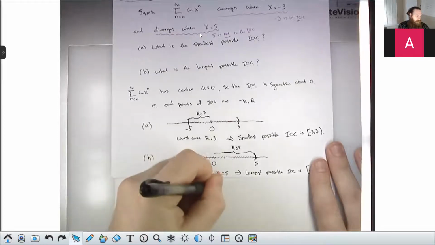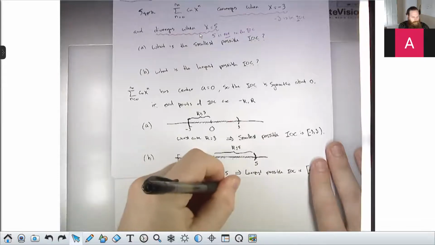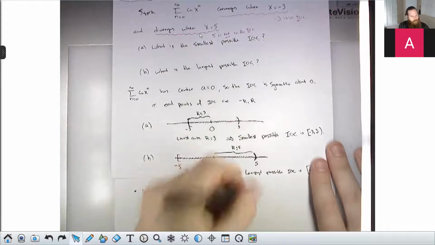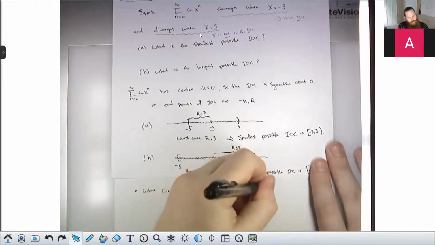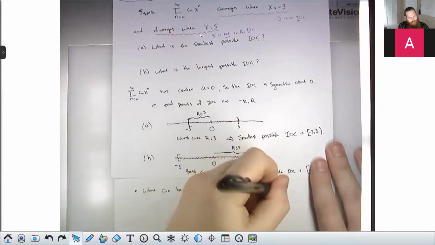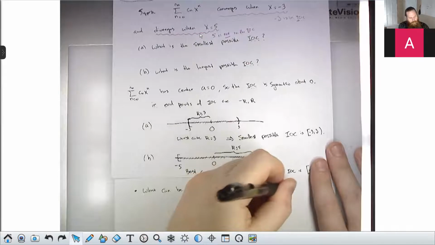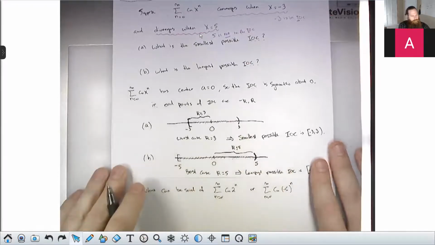of sigma n from 0 to infinity cn times 2 to the n, or sigma n from 0 to infinity cn times -6 to the n.